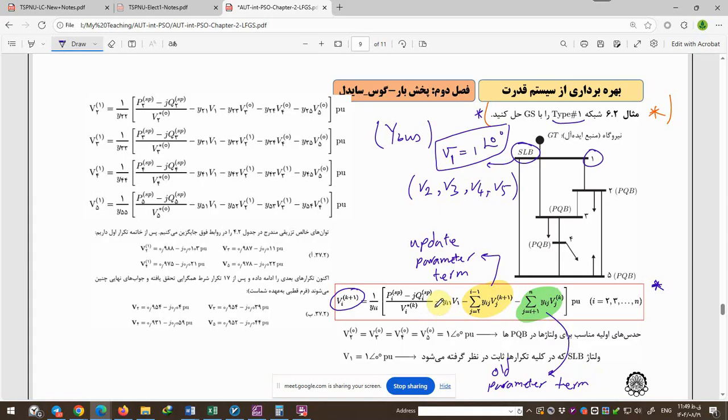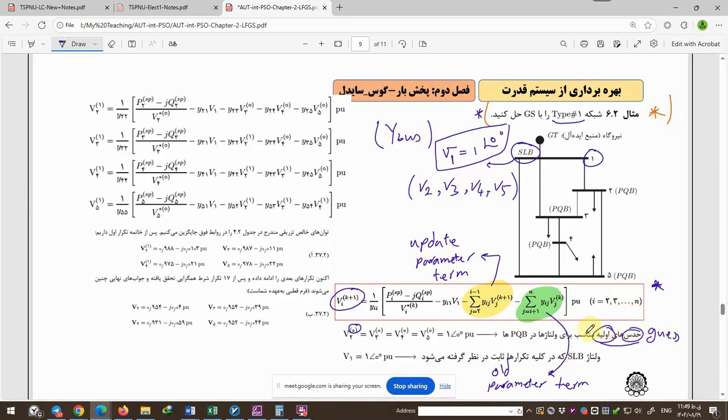The initial value or first guess of voltages is iteration 0. The first guess. حدس أولية. حدس means guess. أولية, the first.